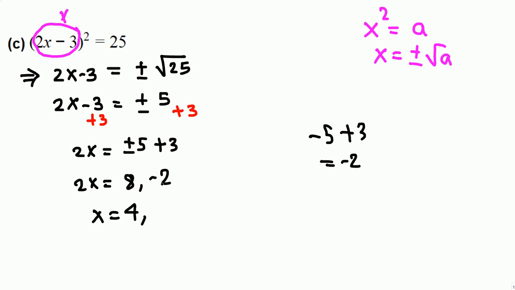Negative 2 divided by 2, 2 divided by 2 is 1, so negative 1. So x equals 4 and negative 1 are the solutions, because if we substitute x equals 4 and negative 1 into the left side, we get 25. You can check using your calculator. So both 4 and negative 1 are solutions.